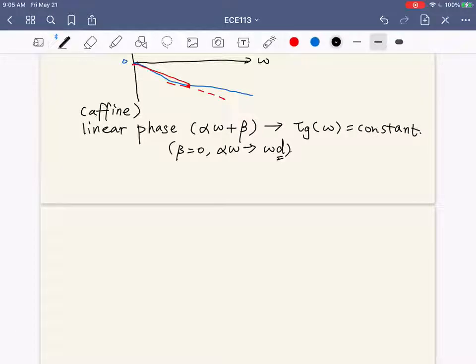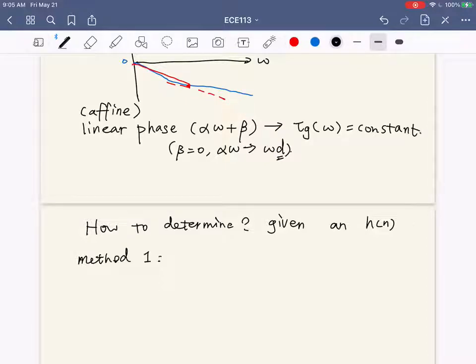Okay, so our next question is how to determine if a filter has a linear phase property, given h of n. Method 1 is to calculate the phase response. In the previous homework, we were asked to calculate the phase response and magnitude response, right?